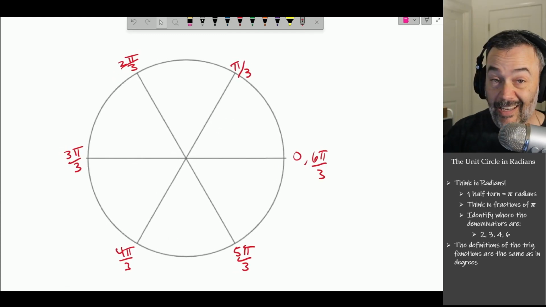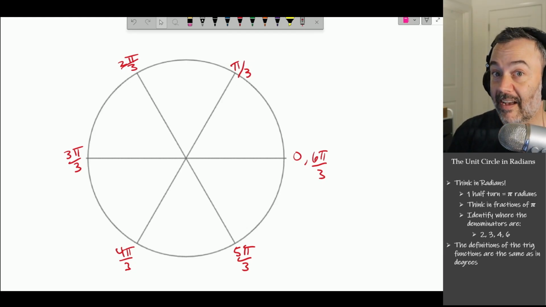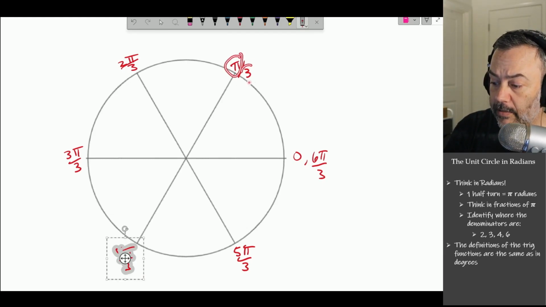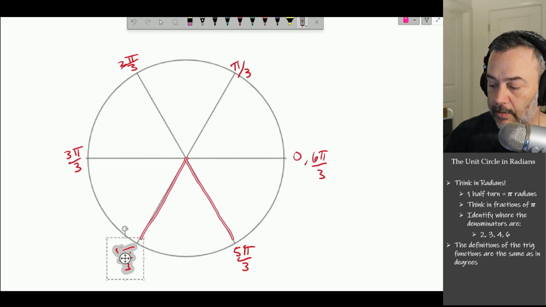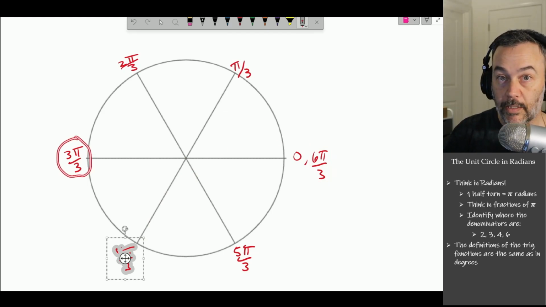Then you can think in dividing the circle into 6, which is dividing the half turn into 3. So I'm taking a half turn and dividing it by 3, and the denominator of 3 ends up landing on these terminal sides. Of course, that reduces to 2 pi, and of course that reduces to pi.